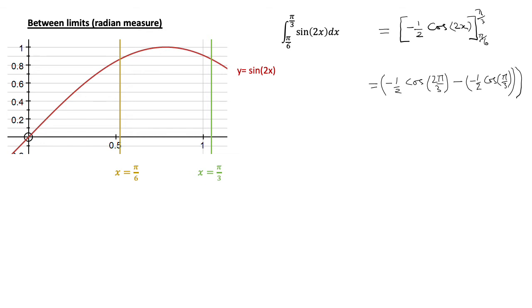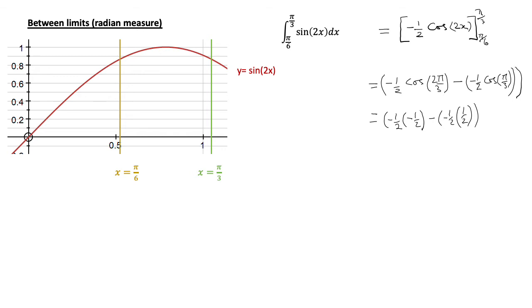You notice that I've got a bracket between my two minus signs just to make sure I distribute that properly. Good technique. So this becomes the cos of 2 pi by 3 is minus 1/2. It's a second quadrant value, and in the second quadrant cos is negative. So I've got minus 1/2 times minus 1/2, minus 1/2 times the cos of pi by 3, which is also a half.